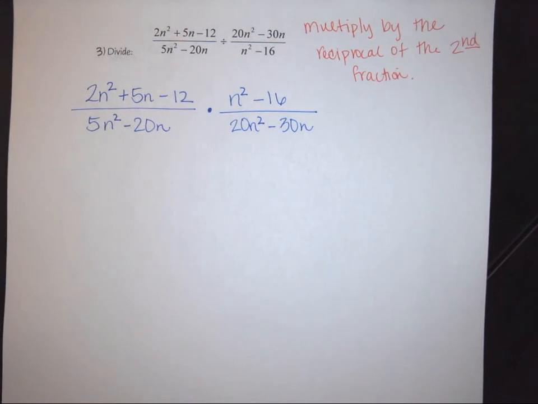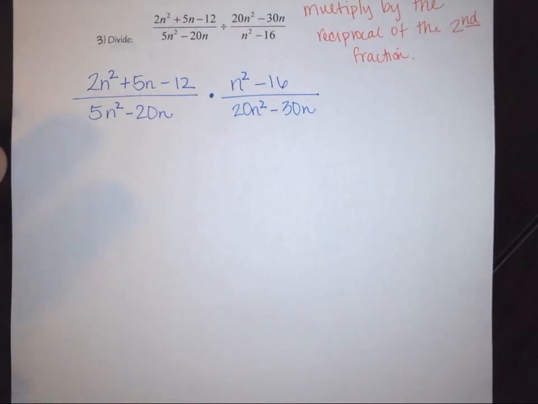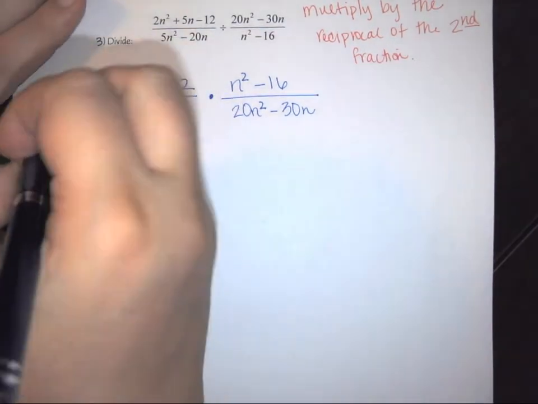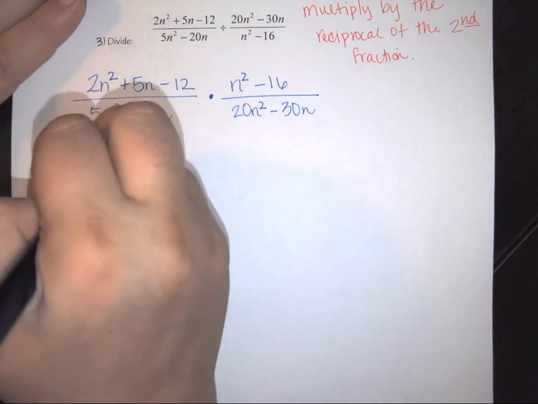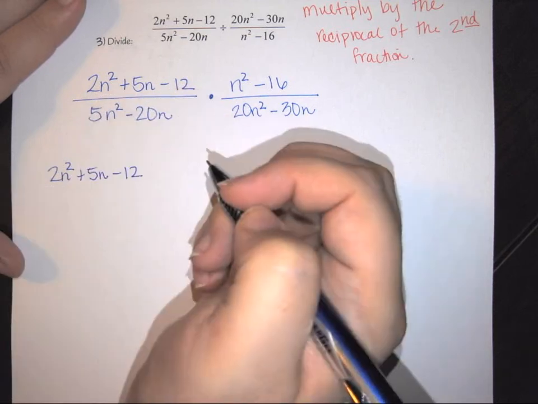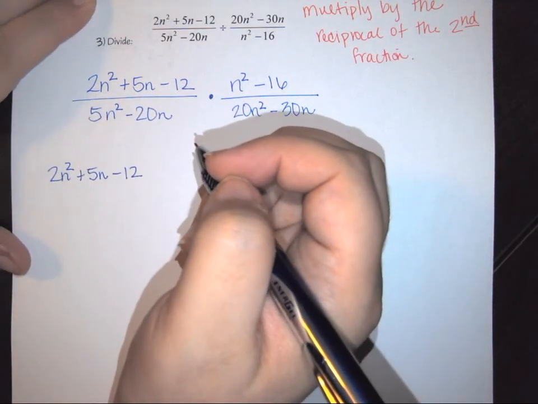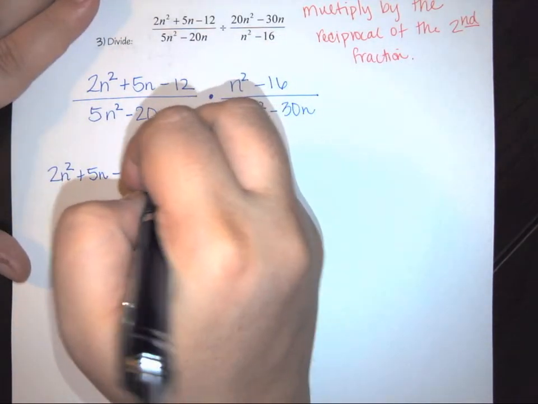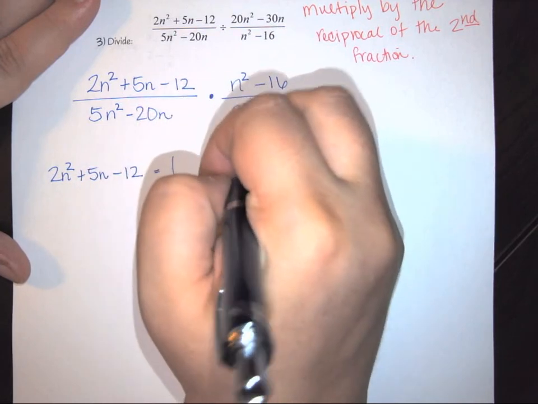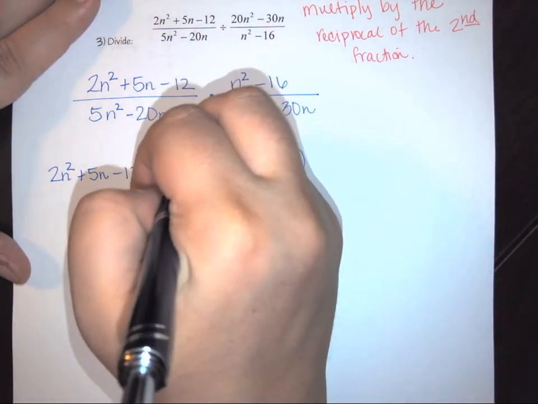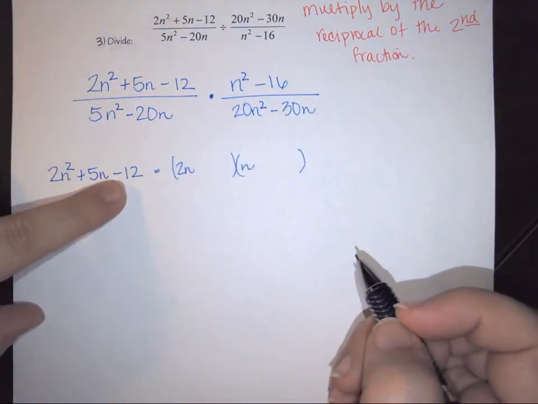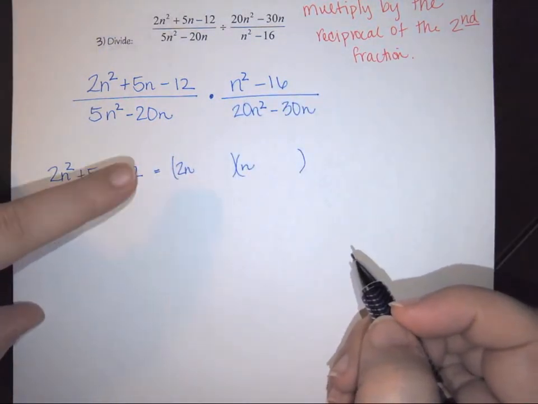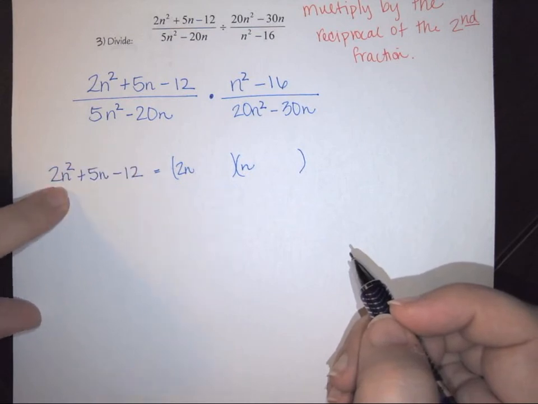Now that I have everything in the proper order, I can actually get to work in trying to reduce each of these. So I have 2n squared plus 5n minus 12, and I need to be able to reduce that down. So when I do that, I can factor it into its parts. This is going to be a 2n and an n. My back term is negative, so I have one positive, one negative. And I need factors of 12 that when combined with my 2 give me 5 as a result.